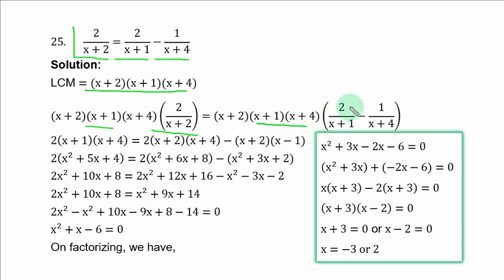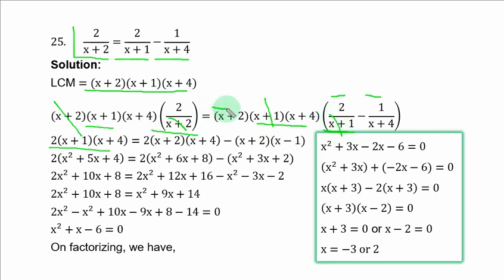Notice that you are multiplying each term in the bracket by the LCM. So this factor will remove this factor. You are left with this. If you multiply this term by the LCM, this will remove this.